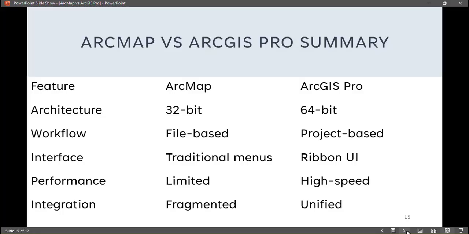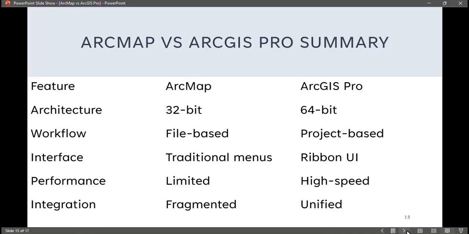All right. So the interface: the ArcGIS Desktop, or ArcMap, has traditional menus, while ArcGIS Pro has a ribbon UI, user interface. Like I've already explained that, and I don't think there's a need for me to explain it anymore. So the performance: ArcMap is limited, while ArcGIS Pro has high speed.